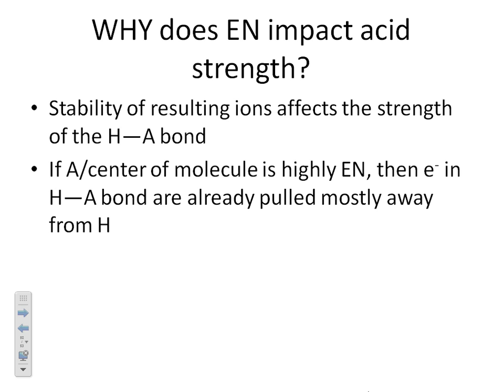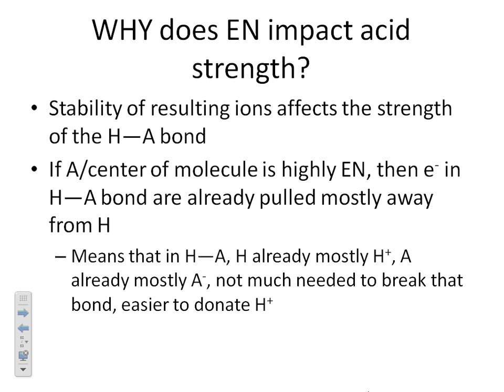So we're looking for basically a way to increase the electronegativity of the not hydrogen part of the acid, because that will actually make it easier for that hydrogen to simply pop off, because we say it destabilizes the bond. The electrons in the bond are not being shared equally. The electrons are being pulled away from the hydrogen, making it easier for the hydrogen to become H+.